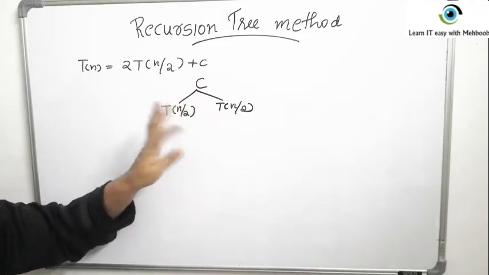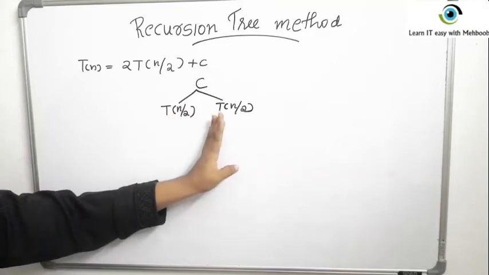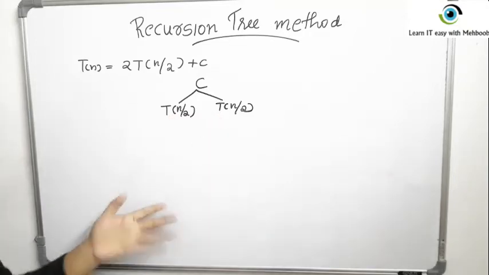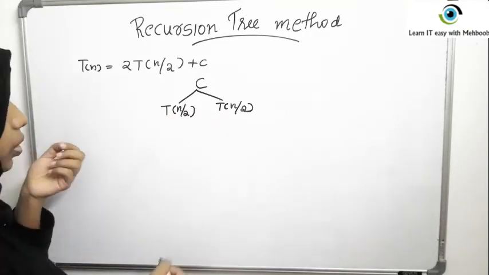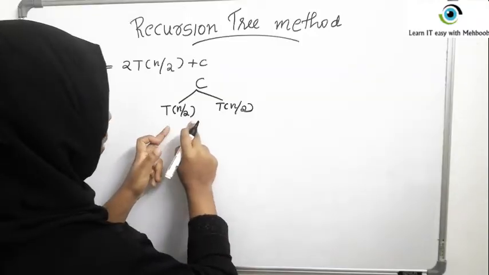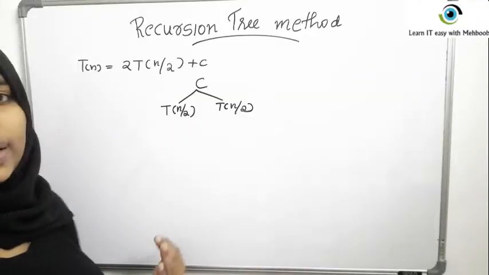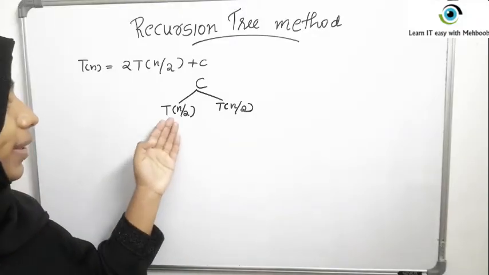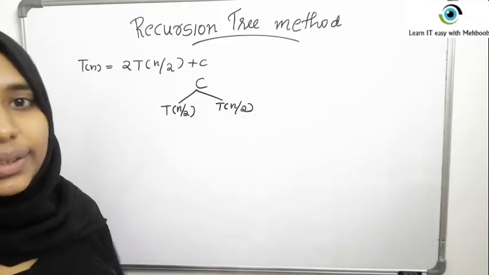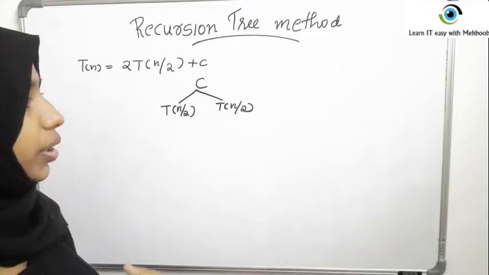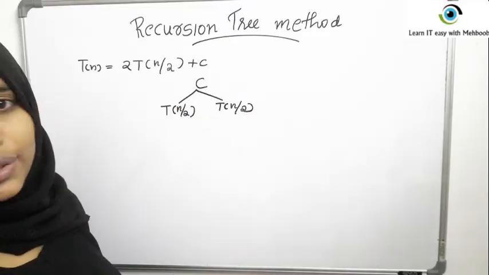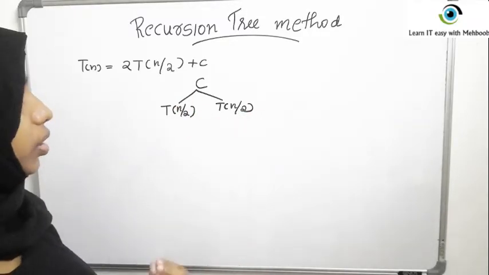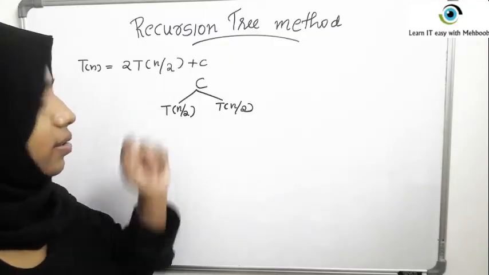As I have told you while discussing the iterative approach, you have to keep on expanding this T till you get terms without any T's. Then only you can find out the cost at each level and find out the complexity of this recurrence relation.